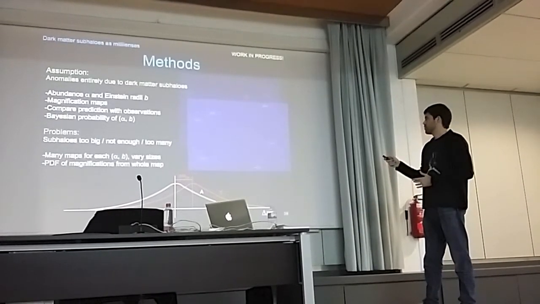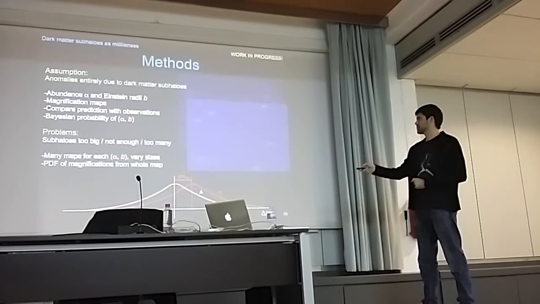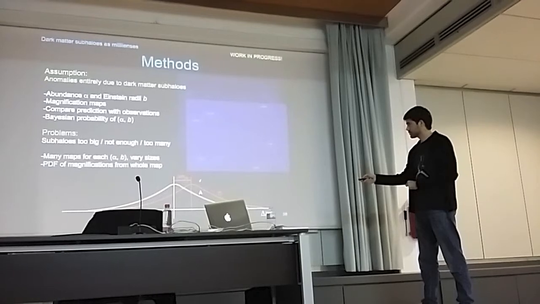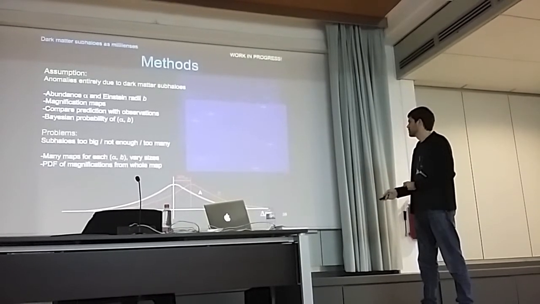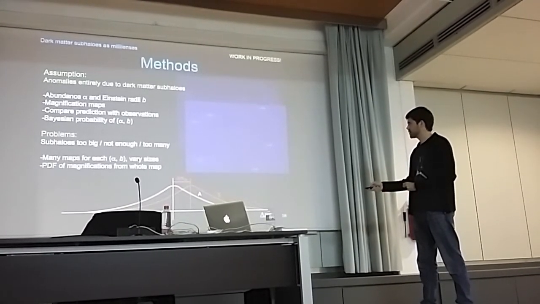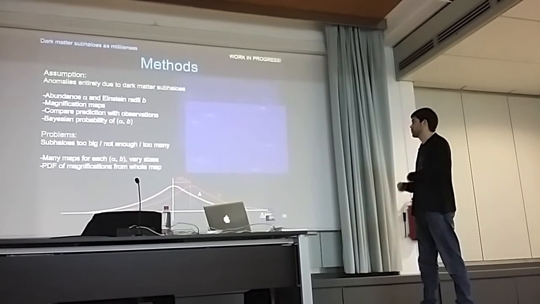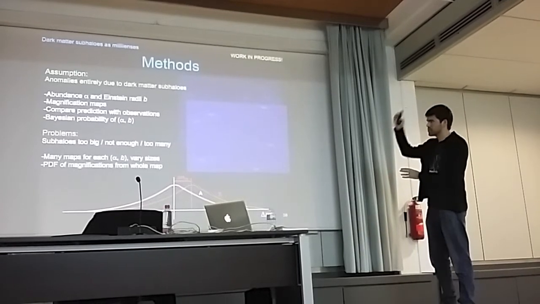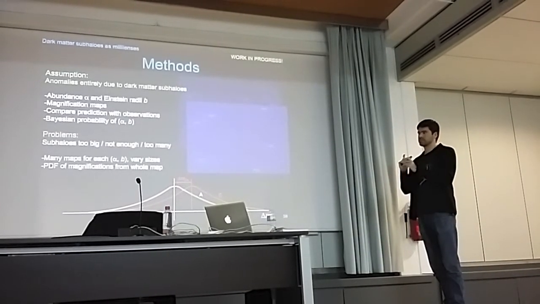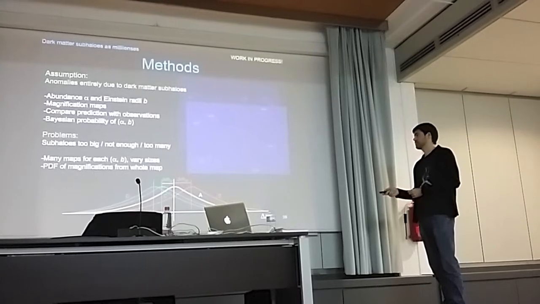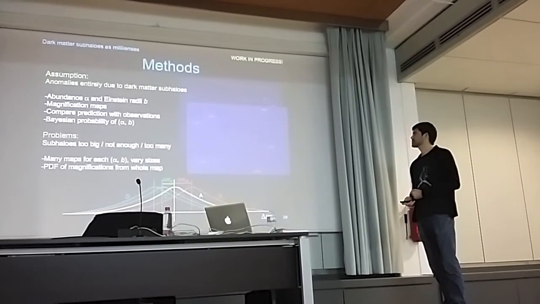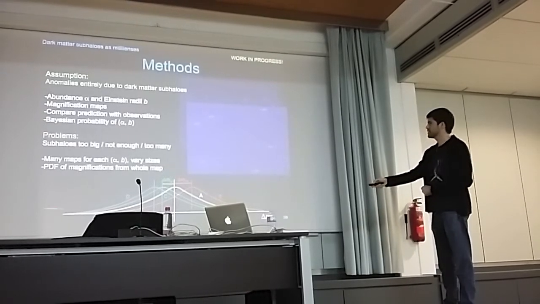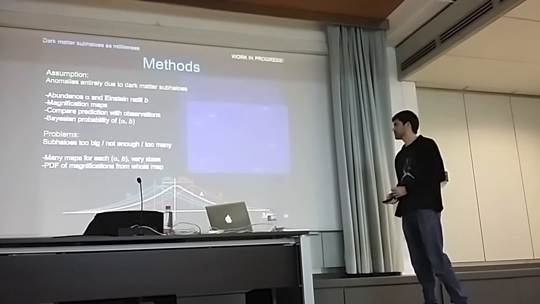So what we do is we displace the probability distribution function of the magnifications from the whole map by the observed flux anomalies. So we have these predicted flux anomalies and these observed ones, and when multiplying them, we get the probability of the distribution of subhalos reproducing the flux ratios we observe in the system. We do this with the 4 quasar images in our systems, and then we multiply the 4 of them and integrate to obtain the probability of that distribution.